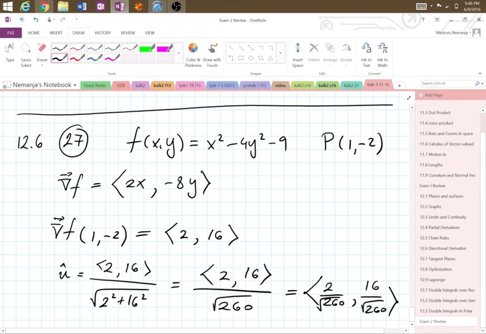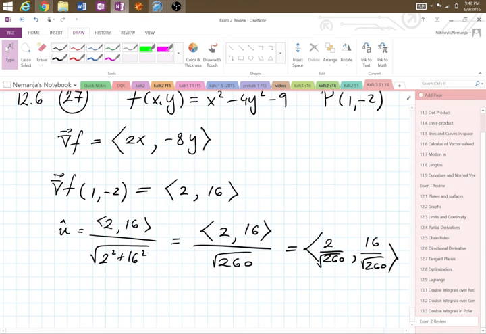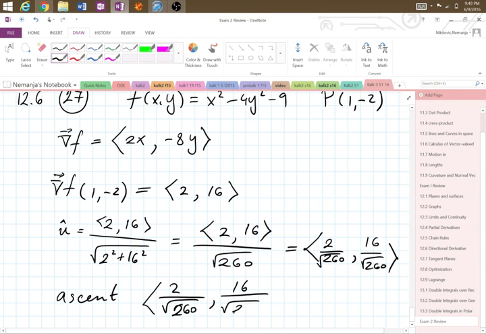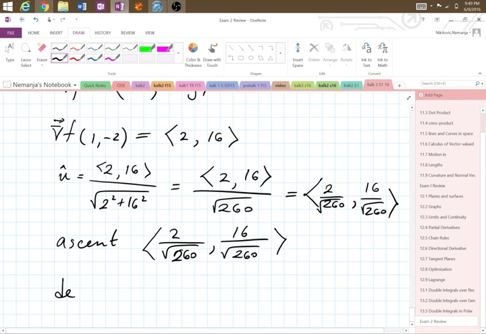Good. So this is the direction of the steepest ascent. And the descent is what? The negative of the same thing.